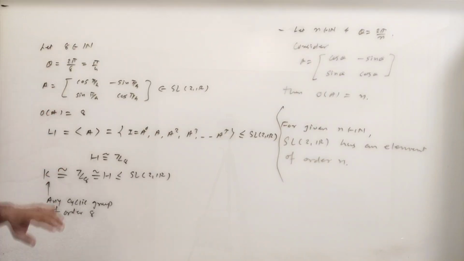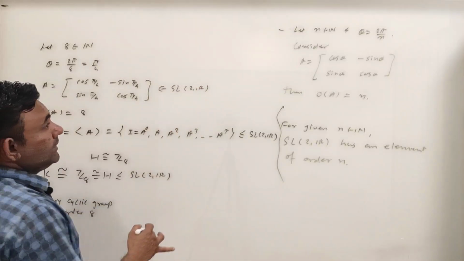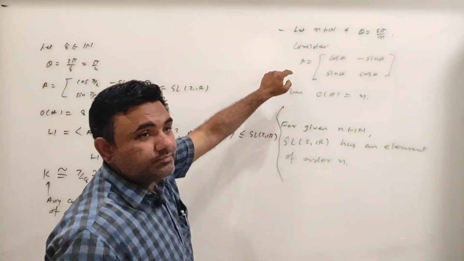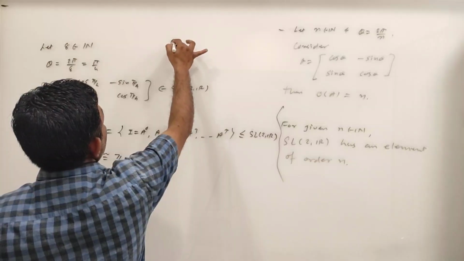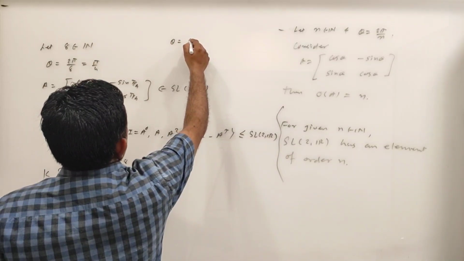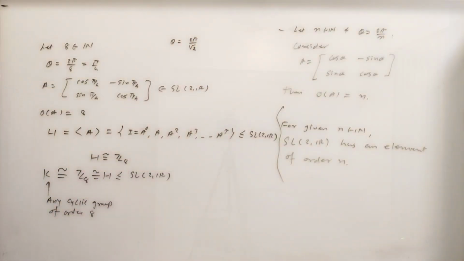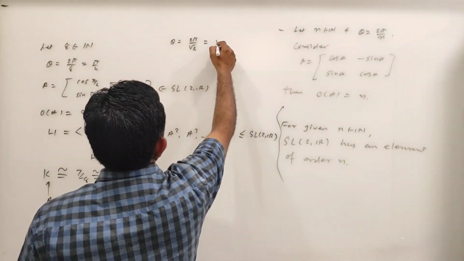If you consider one more observation, you consider this matrix A, and you consider theta is equal to 2 pi by root 2. So this theta becomes root 2 pi.